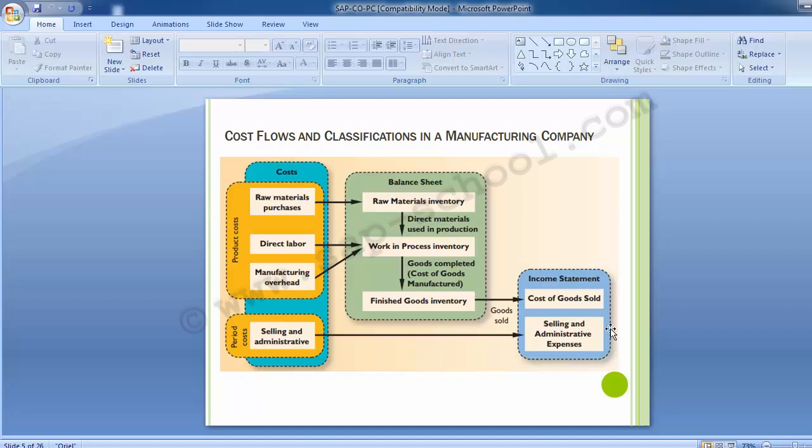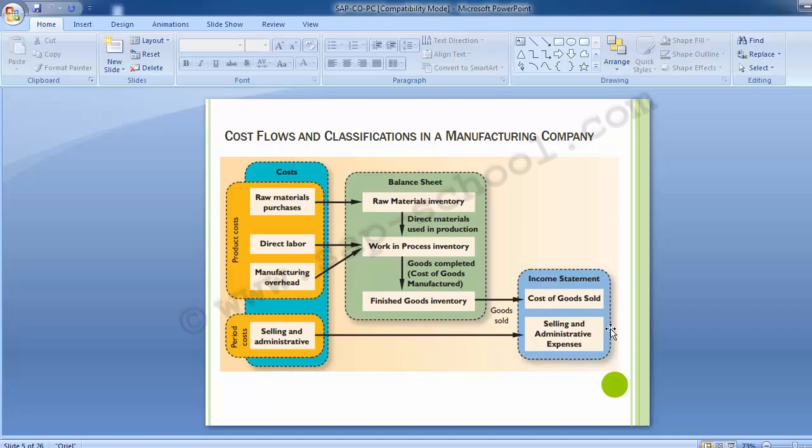This is a key concept because such costs can end up on the balance sheet as assets, as you can see on the diagram, until they are sold. As assets, if goods are only partially completed, then they will be stored in the work in progress account in the balance sheet, and if they are unsold as finished goods at the end of the year, they will be a part of the finished goods inventory account. Again, that will be reflected in your balance sheet.